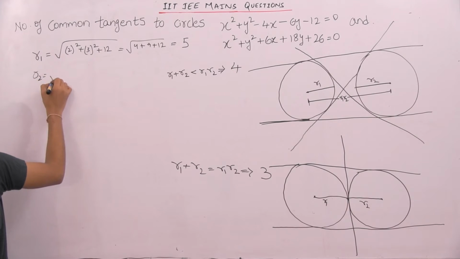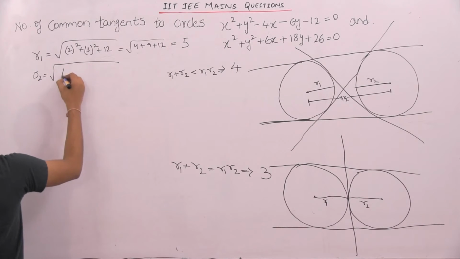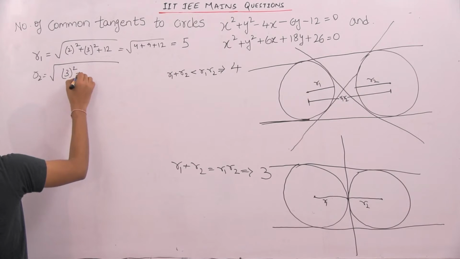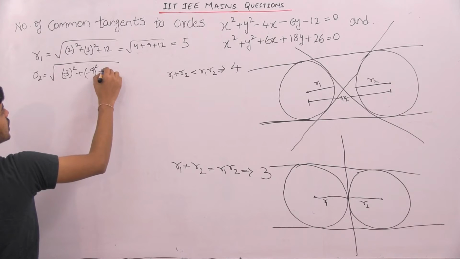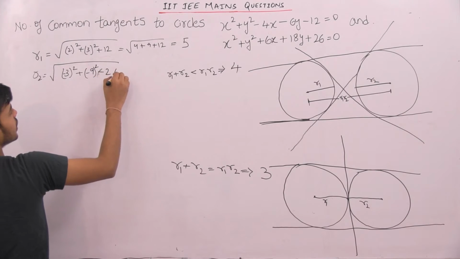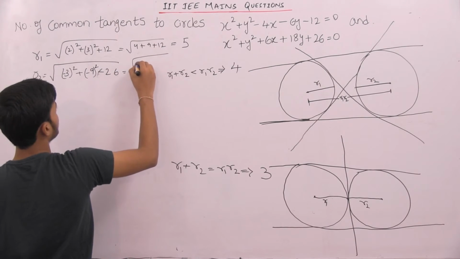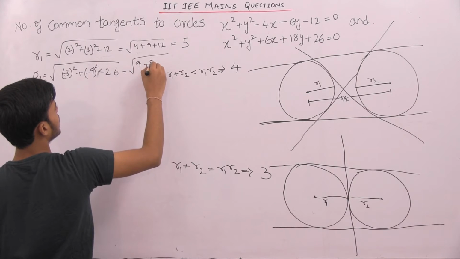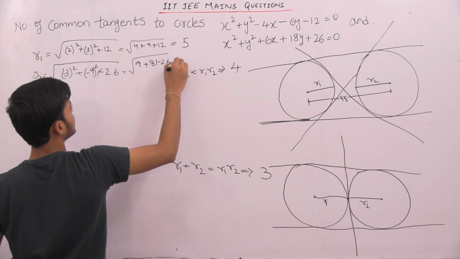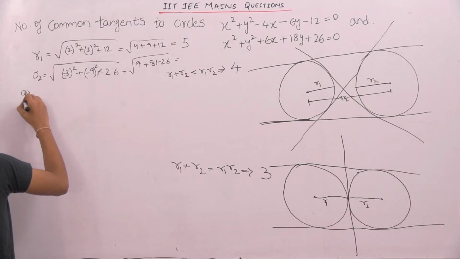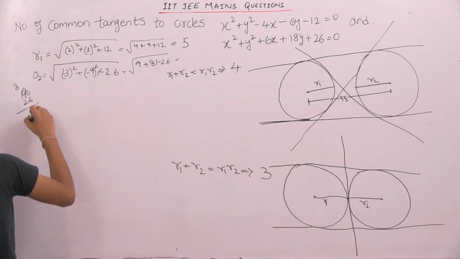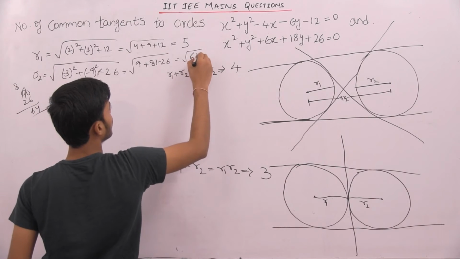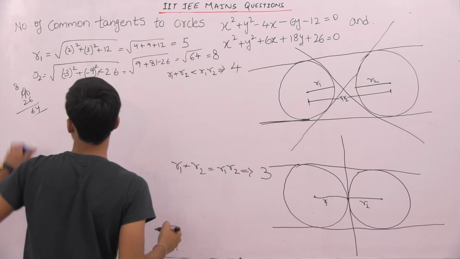Radius of the second circle: 3 squared plus 9 squared minus 26, which is 9 plus 81 minus 26. We have 90 minus 26, which is 64, root 64, which is 8.